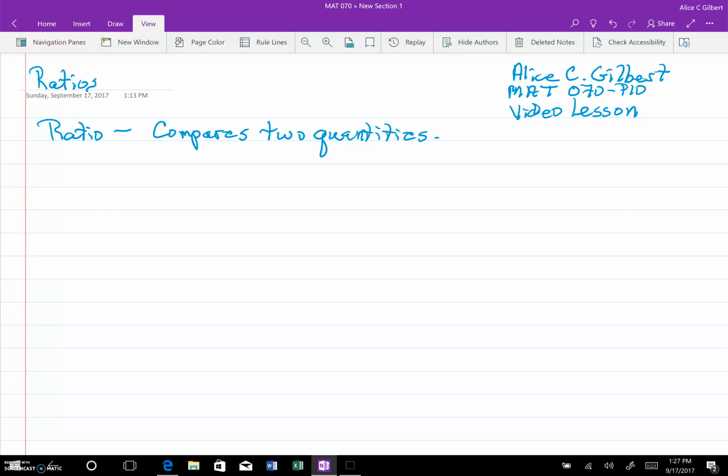So a ratio compares two quantities, either two numbers like, say, 8 and 4, or maybe two measurements like, say, 3 days and 12 days. Okay?